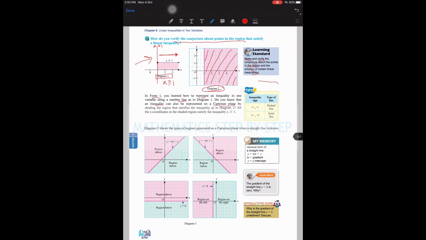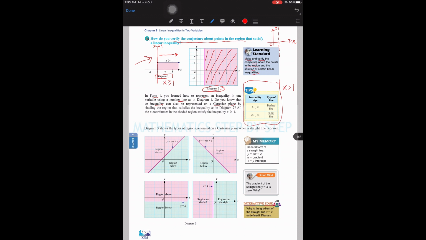So let's look at these tips, okay? This is very important. If the question given, let's say x is greater than 1, okay, so here is x, here is y. Let's say x equals to 1 is here, okay? Here is the origin. So x is greater than 1.